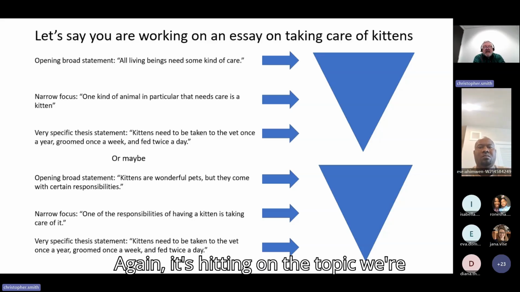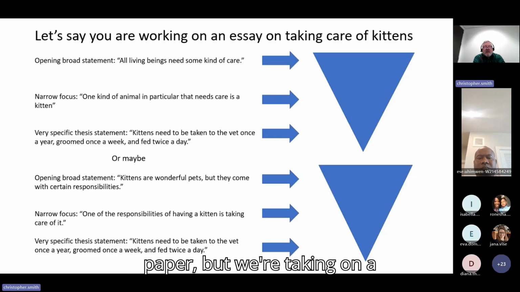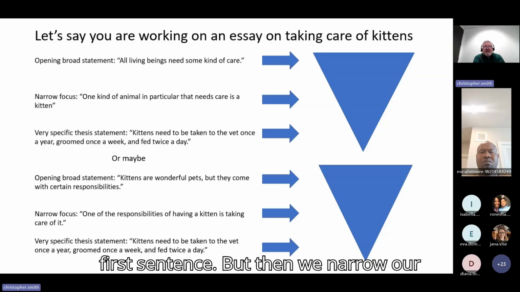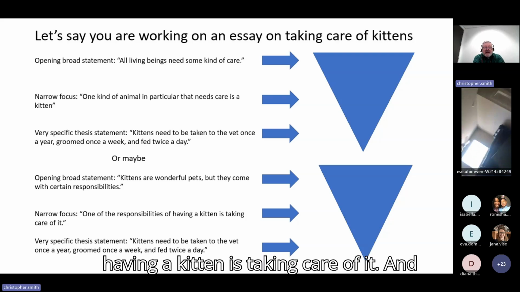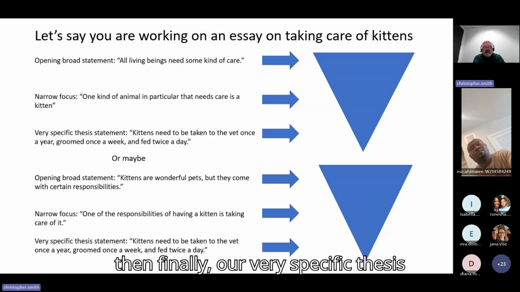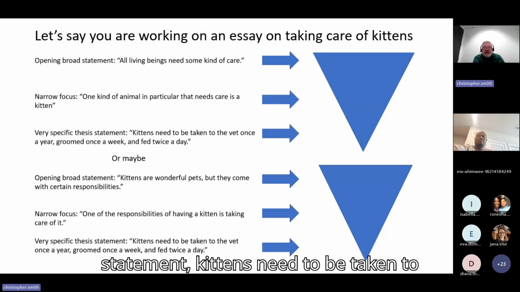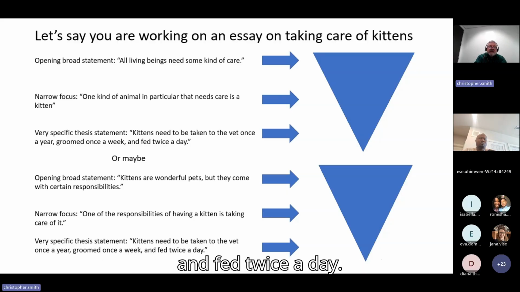Again, it's hitting on the topic we're going to be concentrating on in the paper, but we're taking on a broader concept in that first sentence. But then we narrow our focus. One of the responsibilities of having a kitten is taking care of it. And then finally, our very specific thesis statement, kittens need to be taken to the vet once a year, groomed once a week, and fed twice a day.